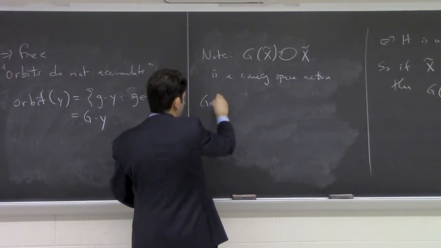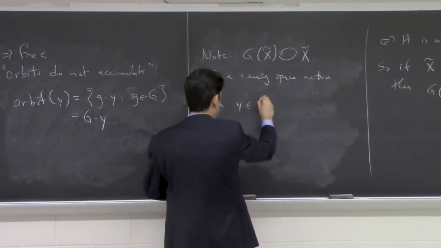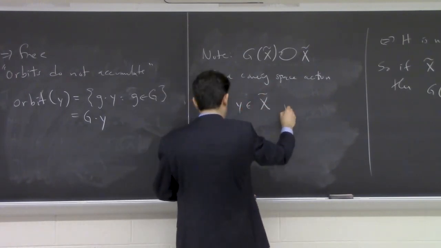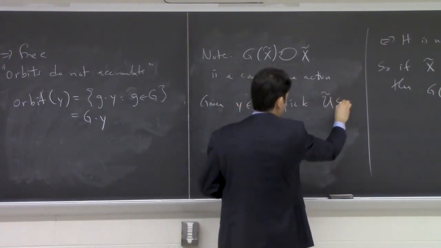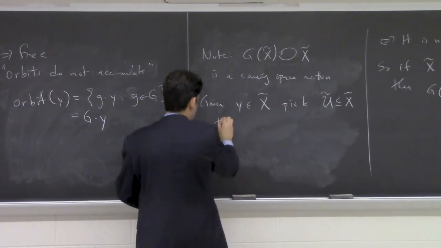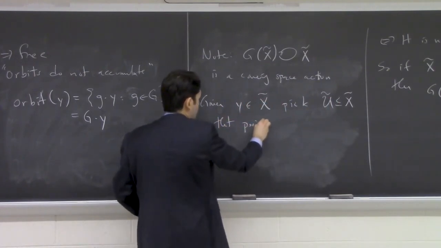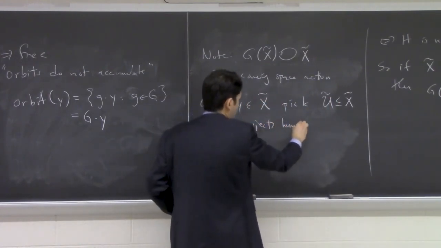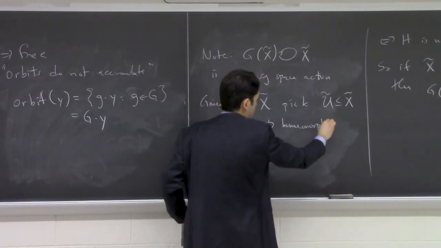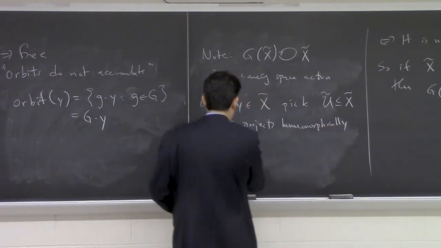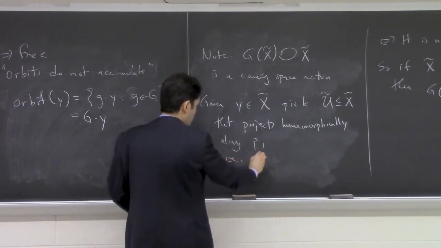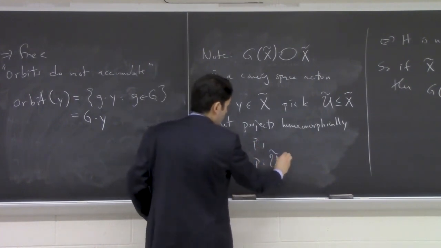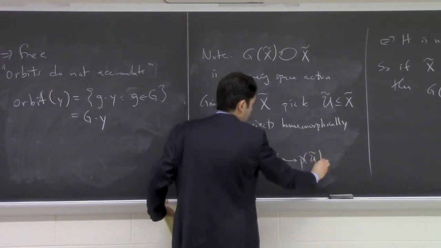As you'd expect, all you do is, given a point in x tilde, pick a neighborhood that projects homeomorphically along P, i.e., P from u tilde to P of u tilde is a homeomorphism.